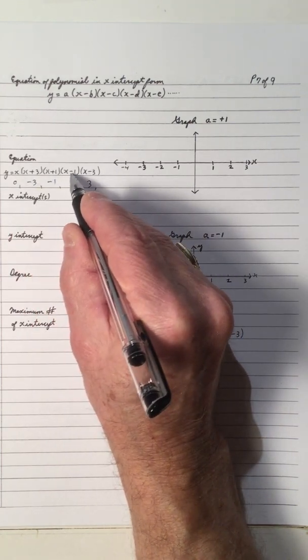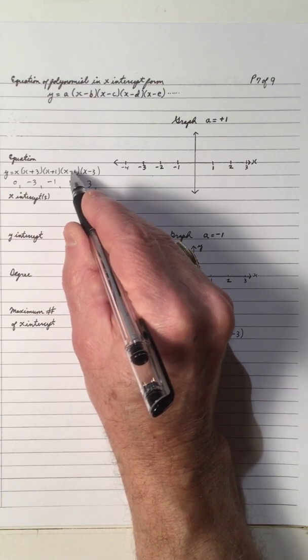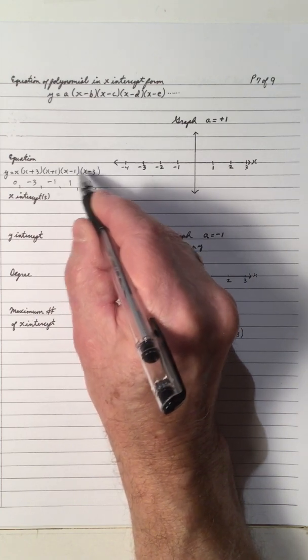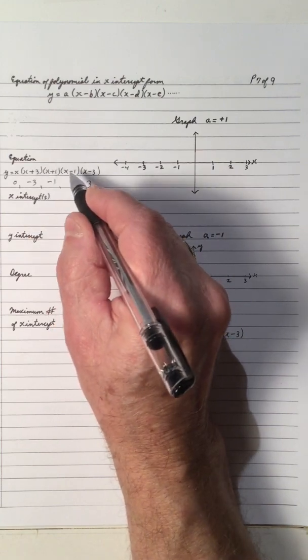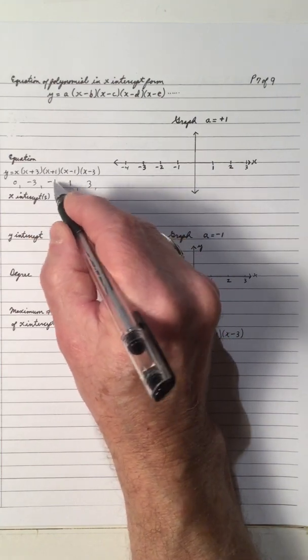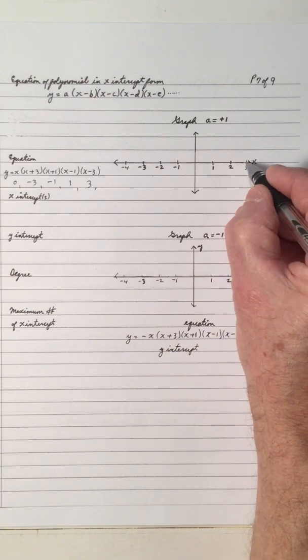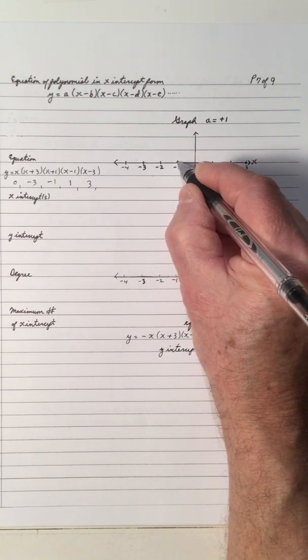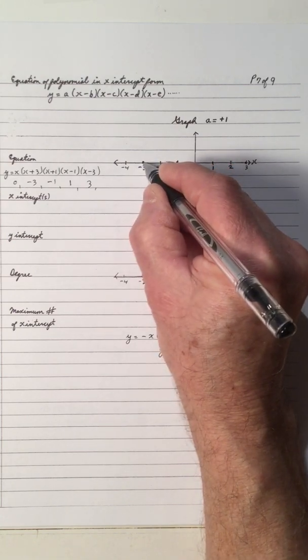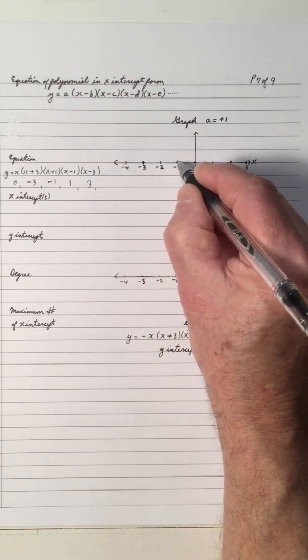If you put 1 in this expression here, you'll get a 0. So no matter what this number is, 0 times those numbers will give you a 0 for the y. So they're the x-intercepts. So it's a 3, 1, -1, -3, and a 0.